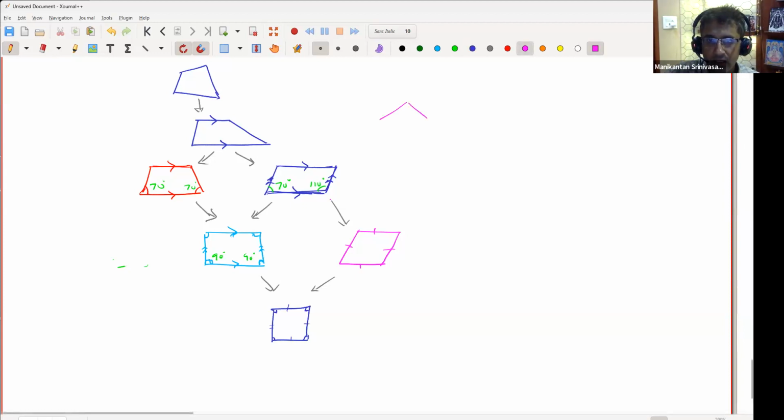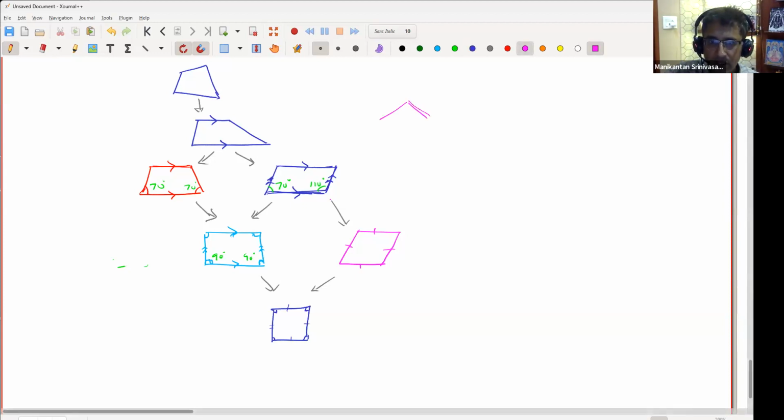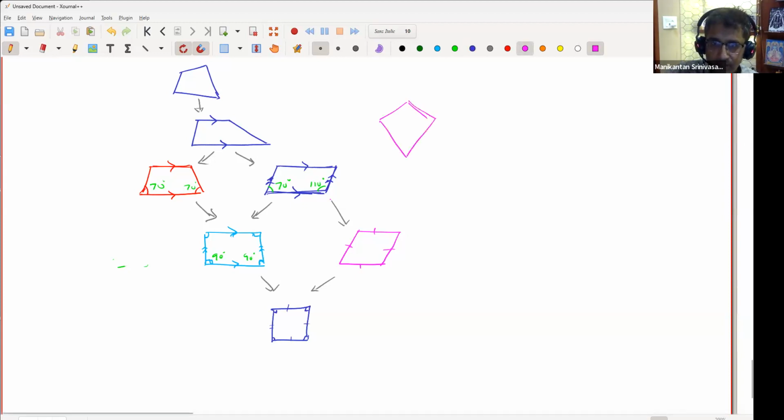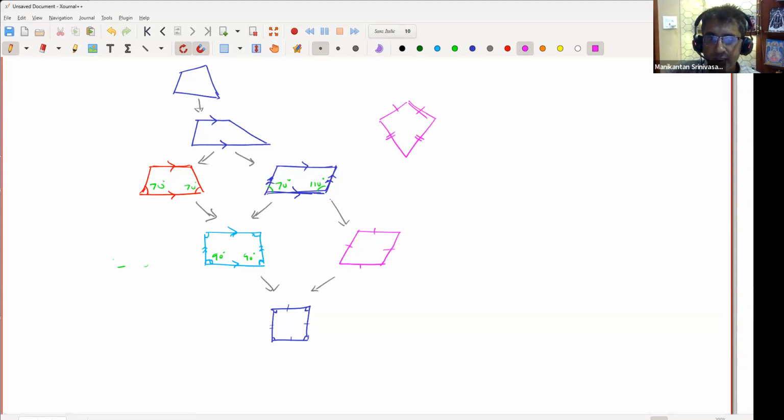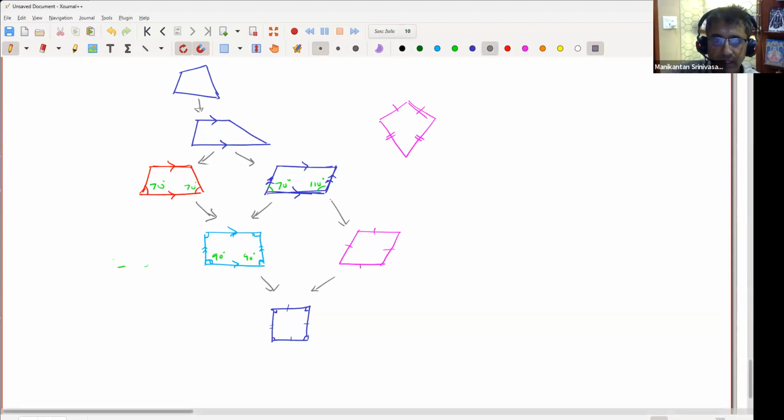A kite is not a trapezium. So kite is a figure where you have two pairs of adjacent sides being equal. So this is something that inherits from a normal quadrilateral. At the top level, you have a kite as well, just like with trapezium.